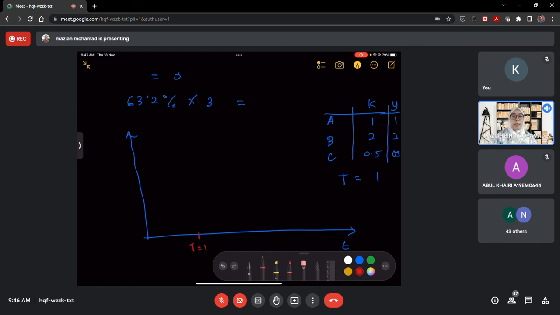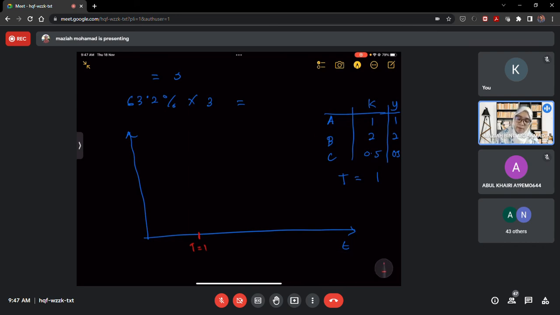All right, so we know the time constant is the time taken to reach 63.2%. So for A it is 0.632. For B it is 1.2 something. How much is it? Try to multiply 63.2% from 2. And then 0.5, how much is 63.2% from 0.5?